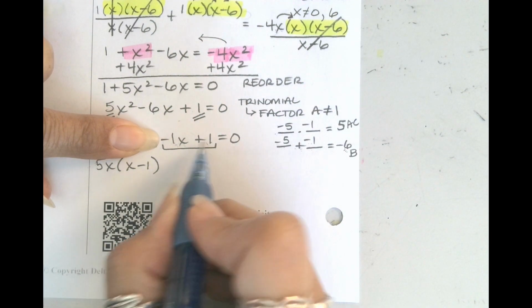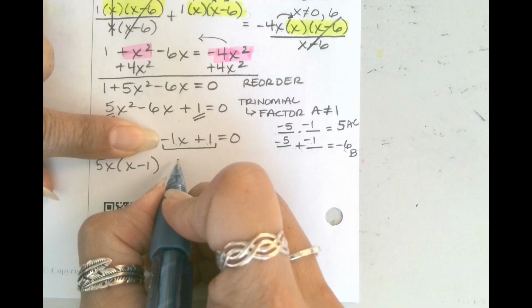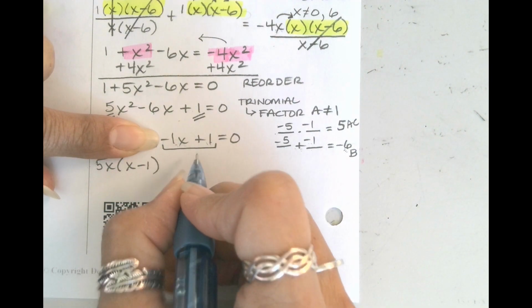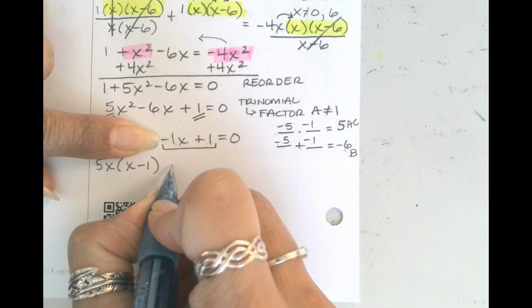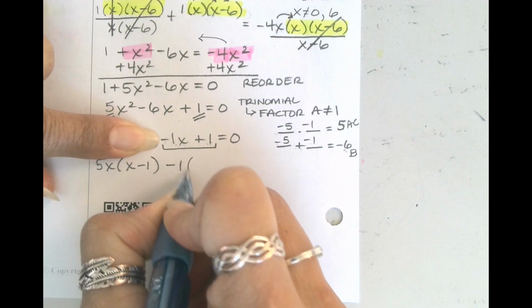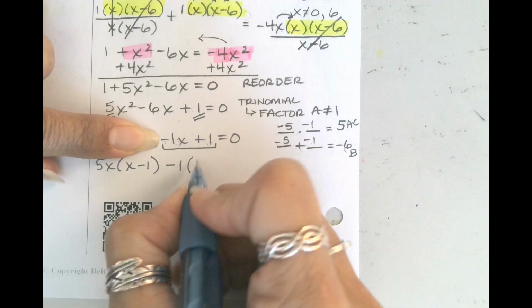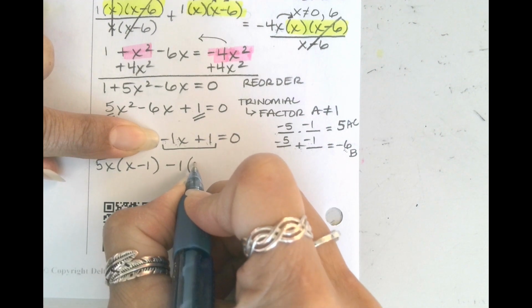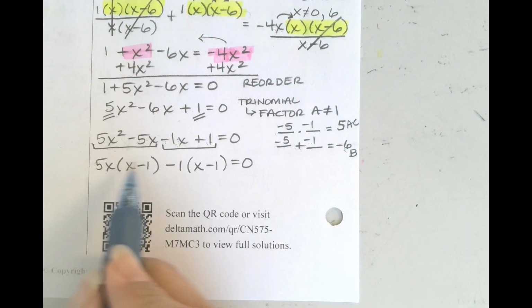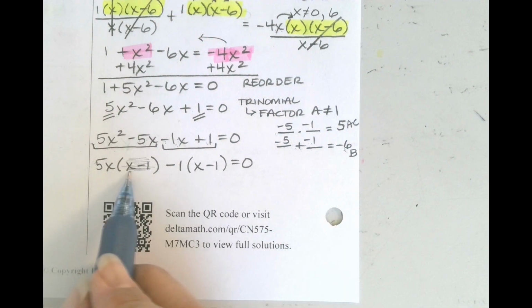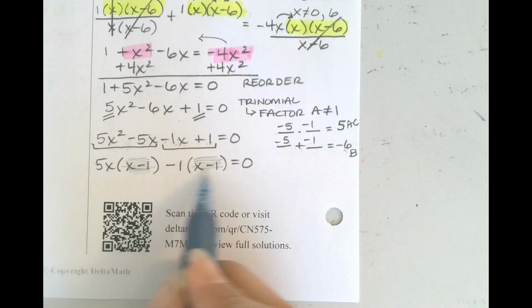Now I ignore these two and I focus on the latter two. What's the GCF here? Positive or negative 1? Always take the sign of this one. So it's going to be negative 1. Divide both of these by negative 1. What do I get? X minus 1. Good. You always, always want these right here to be identical.